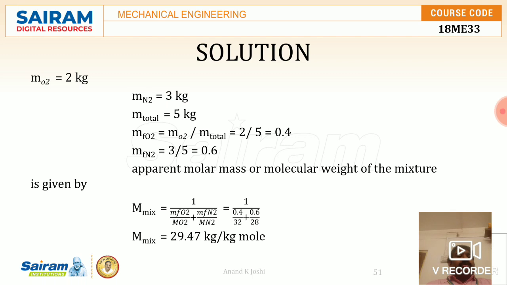One very important hint for knowing the mass fraction is that we can use some common sense in calculating it. How? I can tell you. Suppose your total mixture is 5 kg, with oxygen 2 kg and nitrogen 3 kg, total 5 kg.